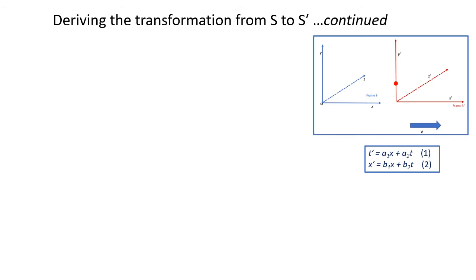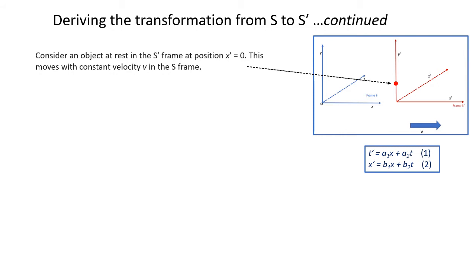Okay, let's determine b2 in equation 2. First, consider an object at rest in the S' frame at position x' equals 0. This must move with a constant velocity v in the S frame. So x' equals 0 if x equals vt. So from equation 2 we have 0 equals b1 vt plus b2t.